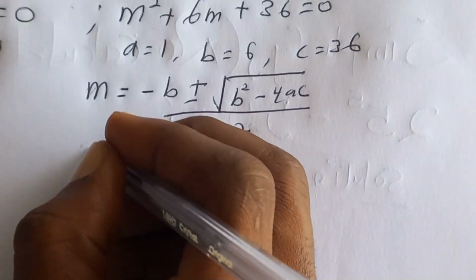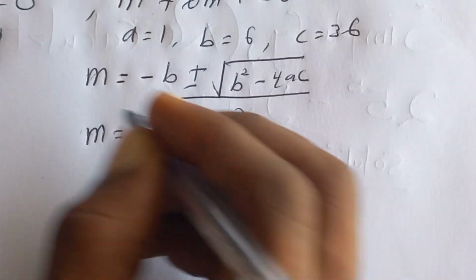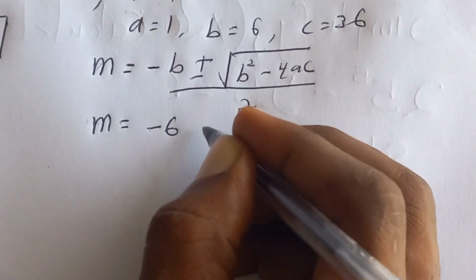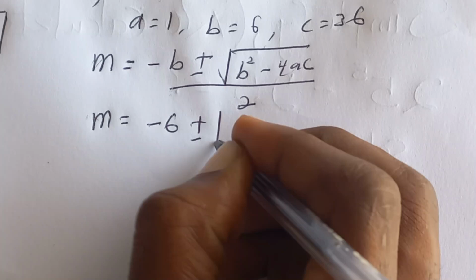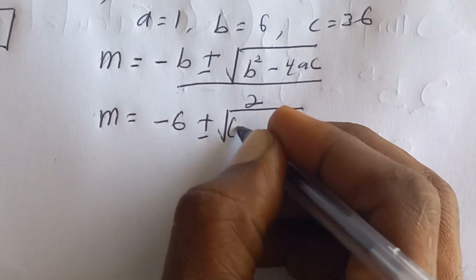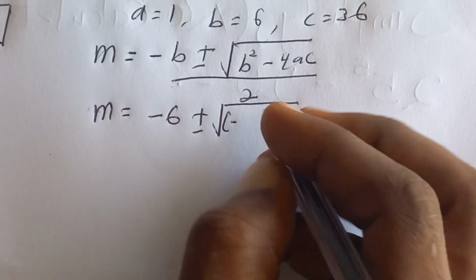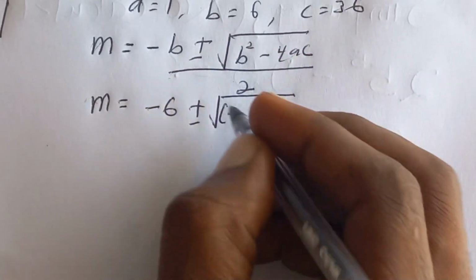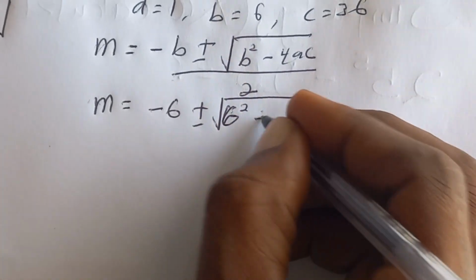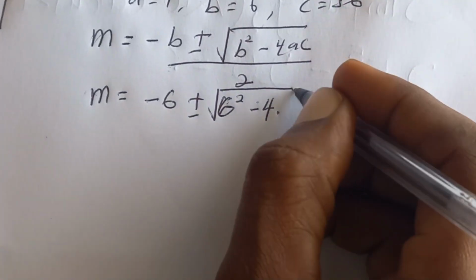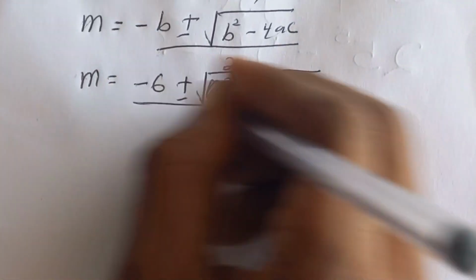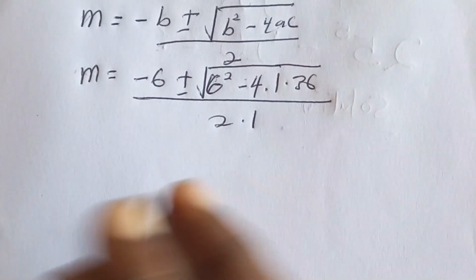With this, m is equal to negative 6 plus or minus root of 6 squared, because this is positive, minus 4 times 1 times 36, all over 2 multiplied by 1.